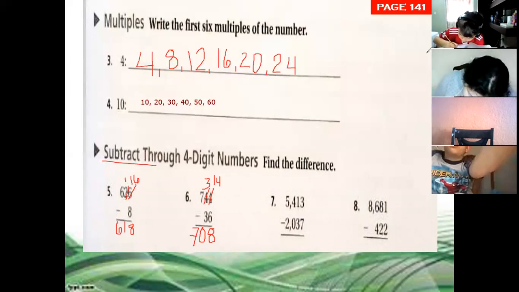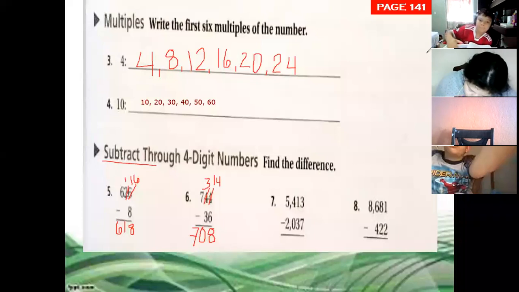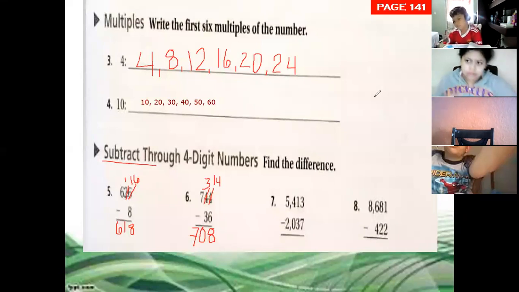Next one. 3 minus 7. Is it possible? No. I have to regroup. So I regroup this 1 and now it's a 0. I regroup this and now this is 13.